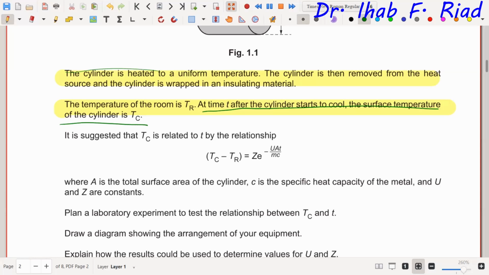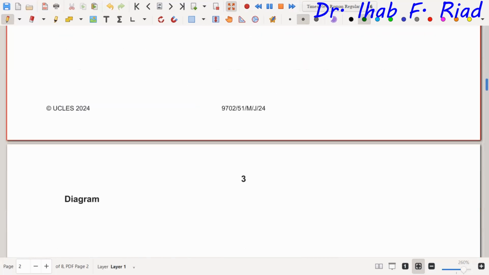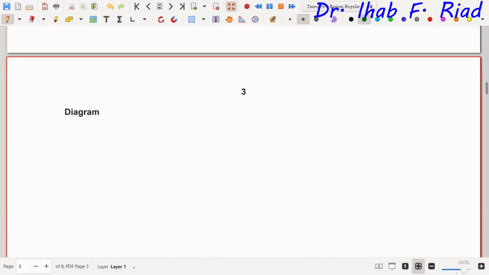Can you now imagine how this experiment goes? Yes. Okay. Now, as we always do, what is the first thing to do? We write what each letter stands for. Yes, we start defining the different parameters involved in this experiment. So, you have TC, right?